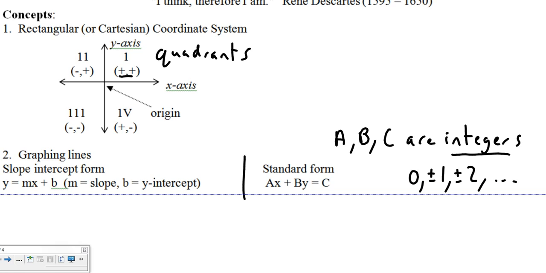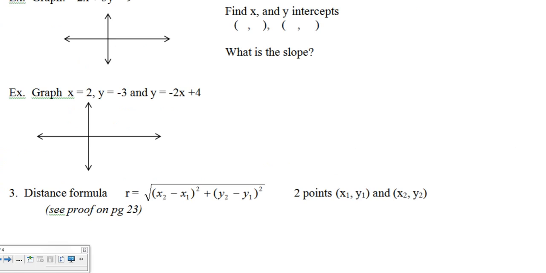And one other thing about standard form is A is positive. For example, 2x plus 3y equals negative 2.